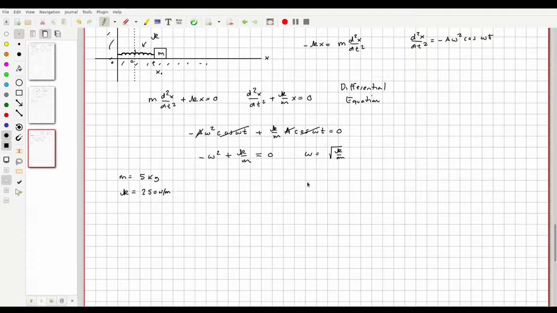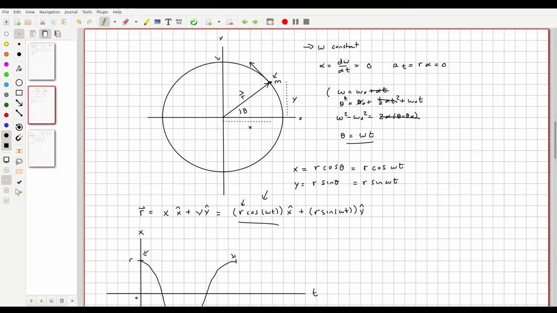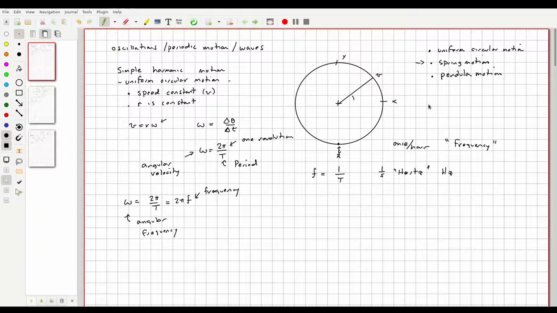If I want to find out how long it would take for this thing to make one full oscillation, that would be its period. It is, after all, a simple harmonic oscillator.